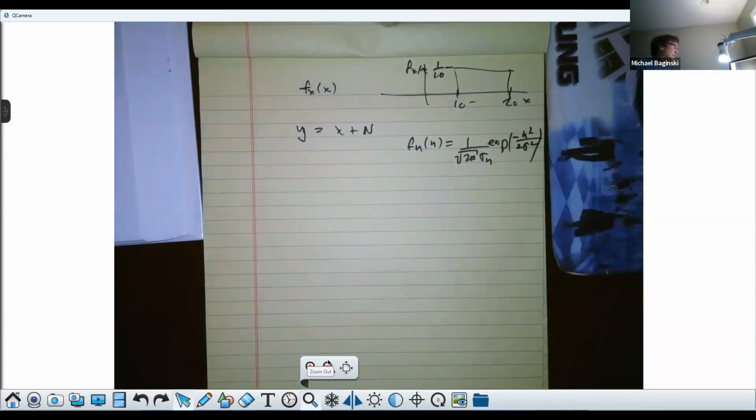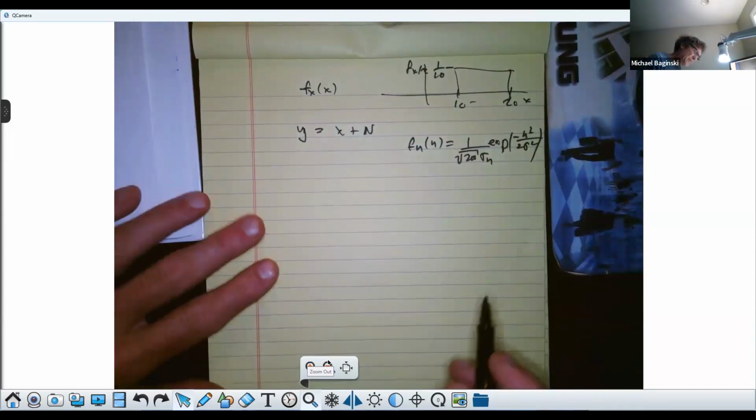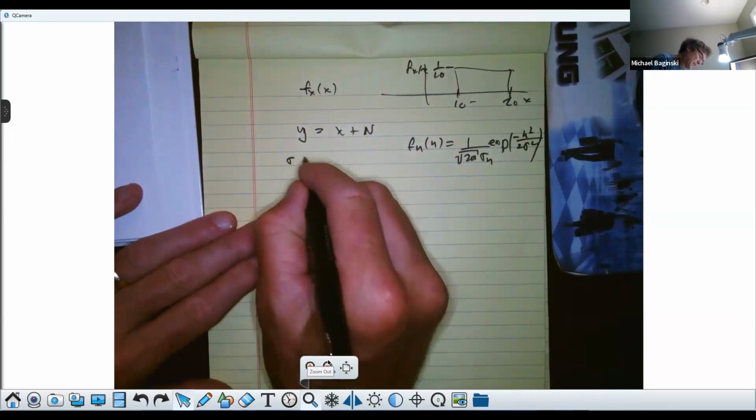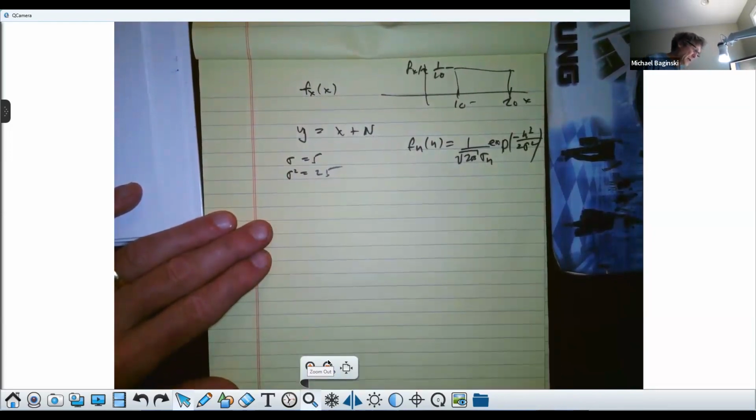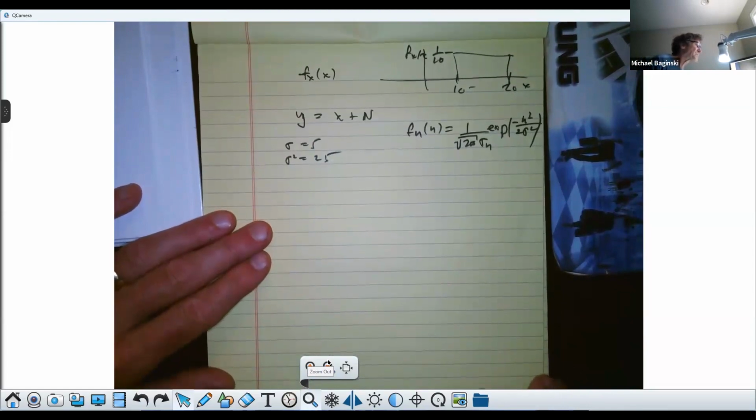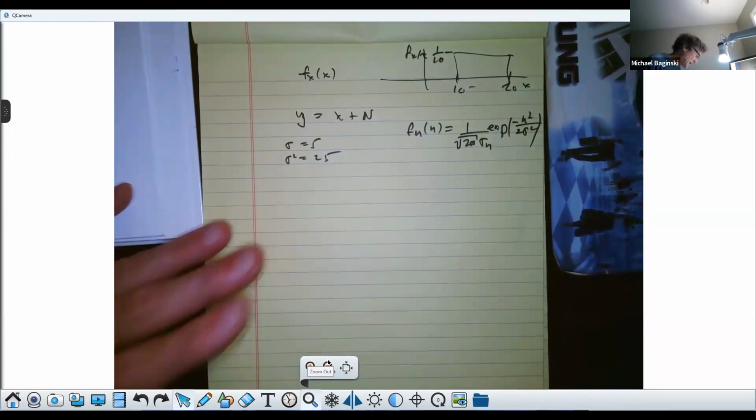I'm just writing this down so everybody knows. The noise has a Gaussian distribution. It's got a standard deviation of 5, so sigma equals 5, sigma squared equals 25. Y'all with me on this, class? Just restating it and putting it down.